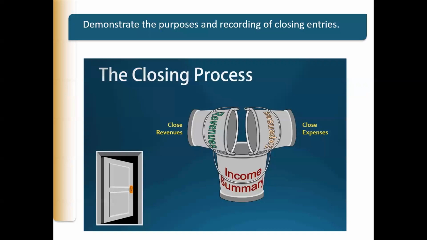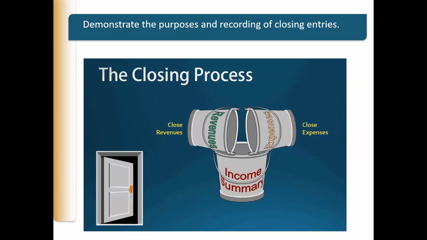After we have done that, we have a couple more steps that we need to do in order to get our books ready for the next accounting period. Now, these next couple steps are called the closing process.